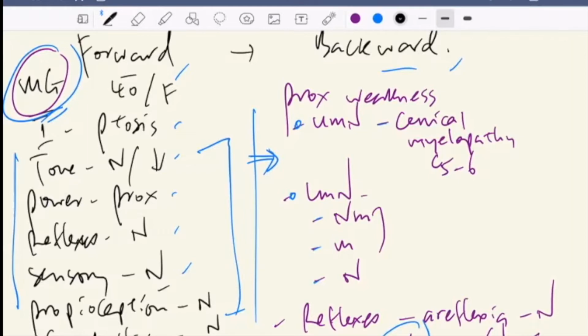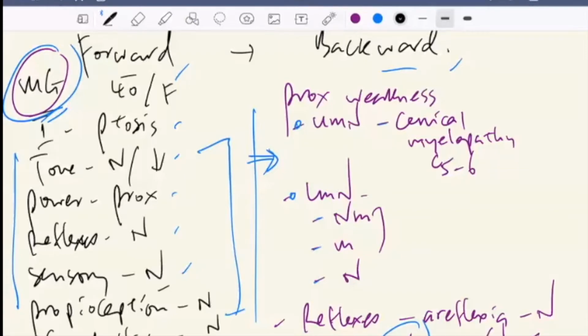This 40-year-old lady was noted to have ptosis, and on examination of the upper limb, the tone was normal. Power was proximal 3/5, distal 5/5, and the reflexes and sensations were both normal. Proprioception and cerebellar were normal as well. On further assessment, the patient was noted to have fatigability of the upper limb as well as fatigability of the ocular muscles and the speech, which was nasal in nature.